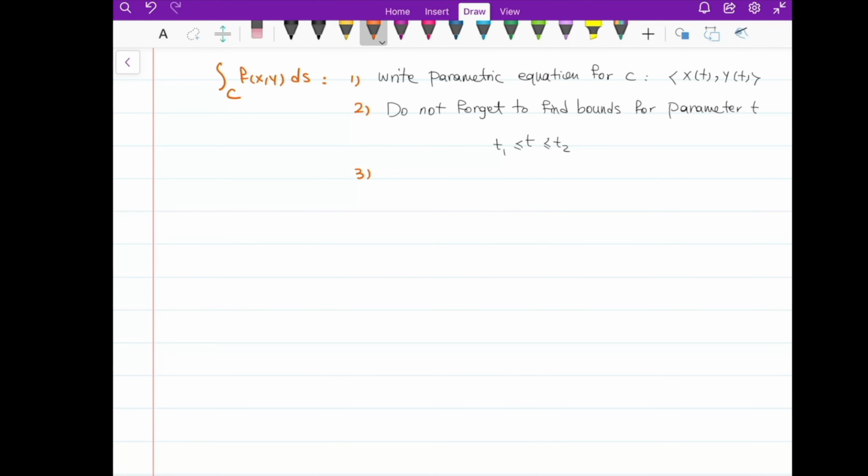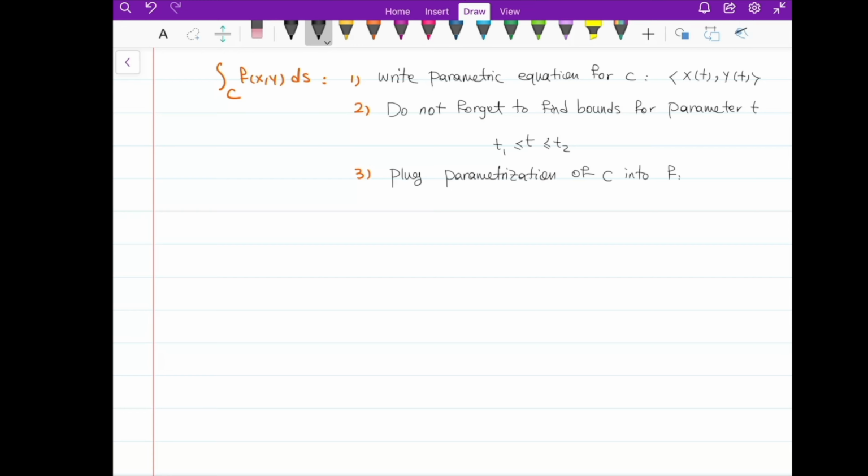The third step is to plug your parameterization of C into the function f.